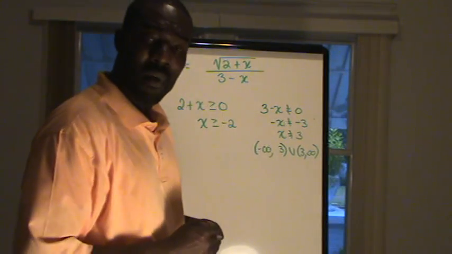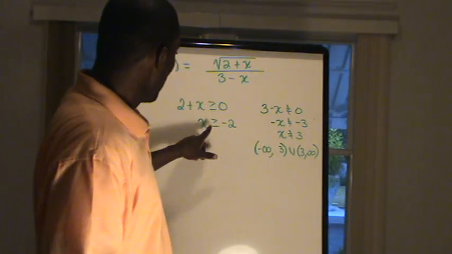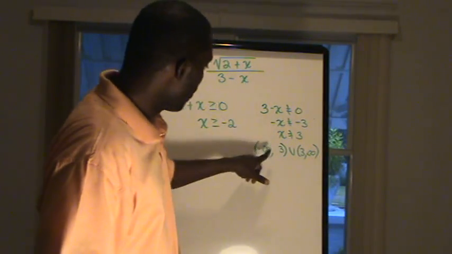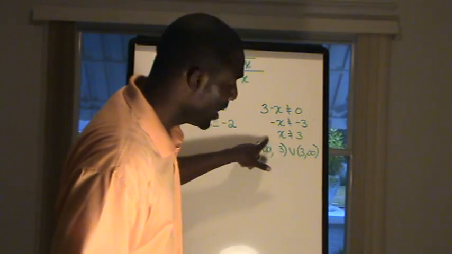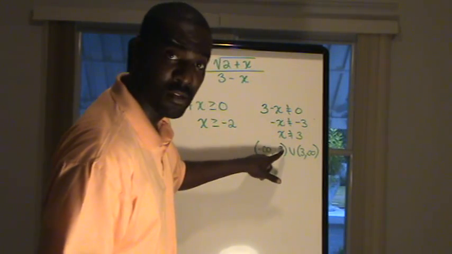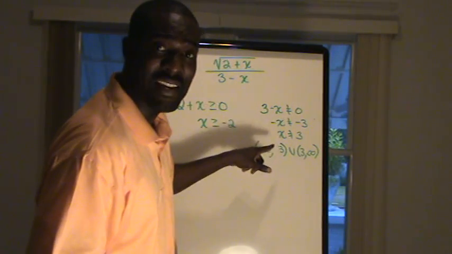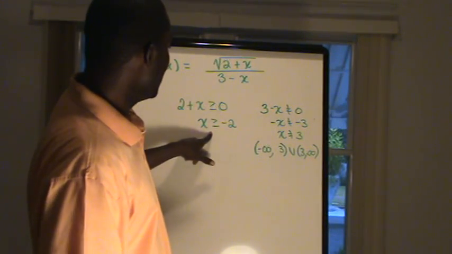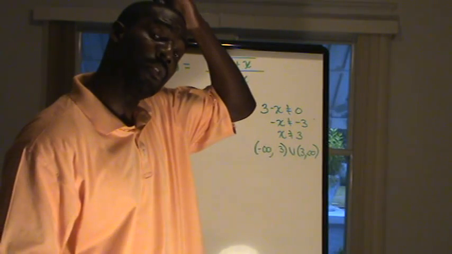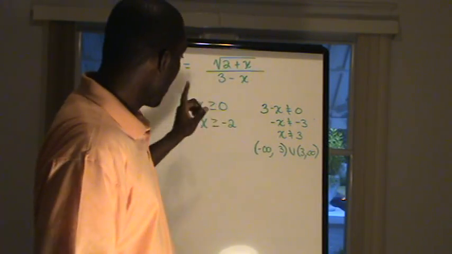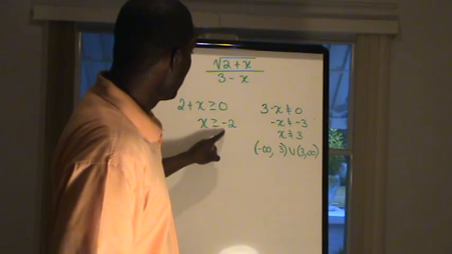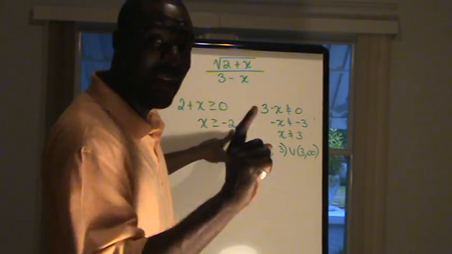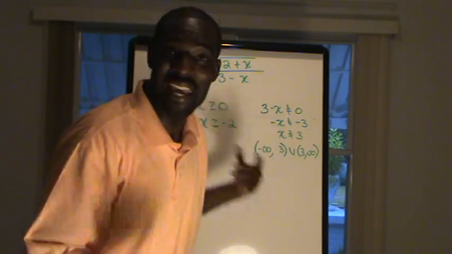But what we've got to realize is that even though negative 3 is in this interval, we cannot use it in our domain because it violates this condition. Negative 3 is not greater than or equal to negative 2. So we have to only respect those values that are greater than or equal to negative 2, but we've got to throw out 3. We can't have 3.